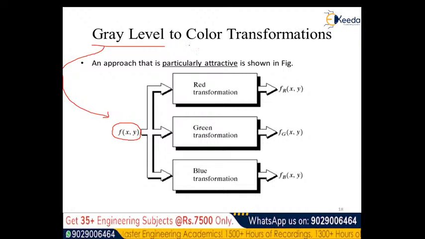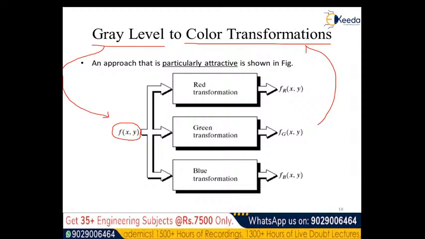Now to obtain the color transformation, that is the output, the right hand side part, three things are made here. To the input image f of x comma y, we are making the red transformation, then the green transformation and the blue transformation, the corresponding transformations, and further the output bands we can denote by f suffix capital R. In the parenthesis you have the usual notation of x comma y.